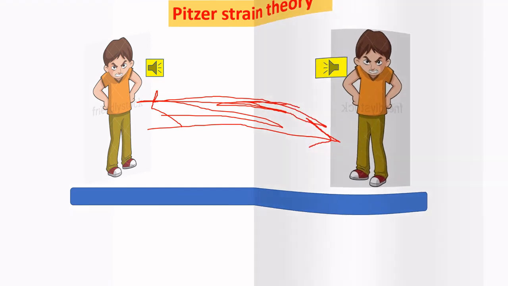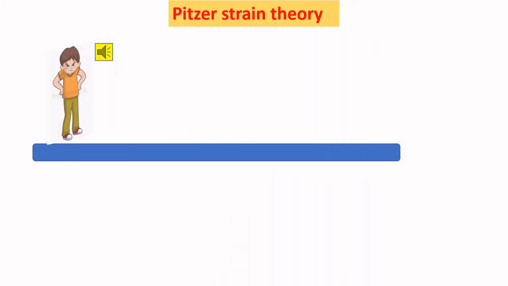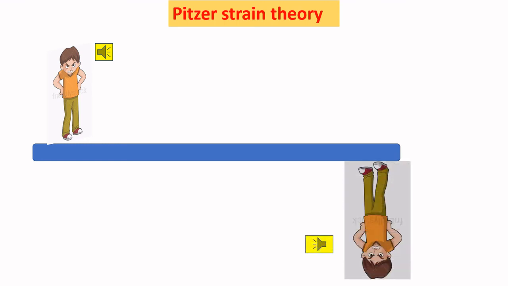But if this fellow is working on one platform and there is one more fellow on another platform, who also doesn't want anybody around, then these two fellows are exactly opposite to each other, and nobody is disturbing anyone. This fellow can work here and this fellow can also work here, right? So in this case the system is stable, or these two fellows are stable. Similarly, the same kind of phenomenon you can see in the compound.